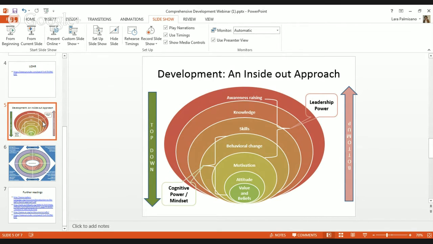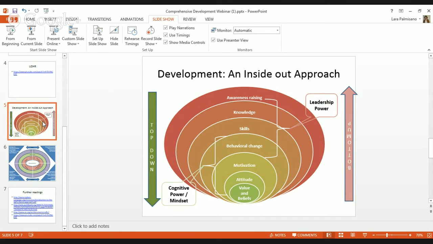The cognitive power and the mindset is an inside-out approach, which starts from one's own value and belief system. If an individual or a family or a society's value and belief system are progressive and development oriented, then the attitude towards development, the motivation towards development, and the behavior will also be development oriented.